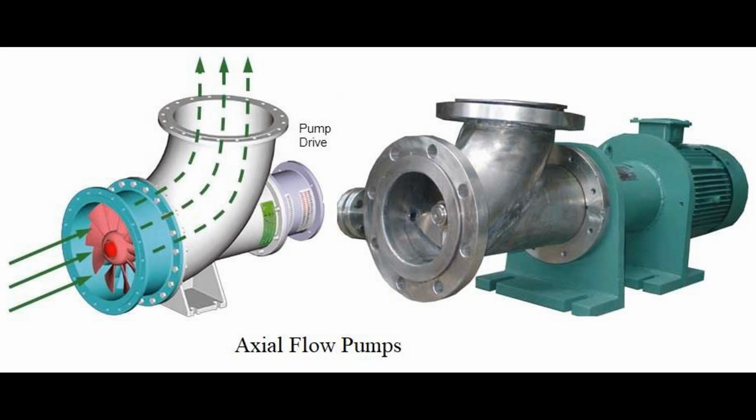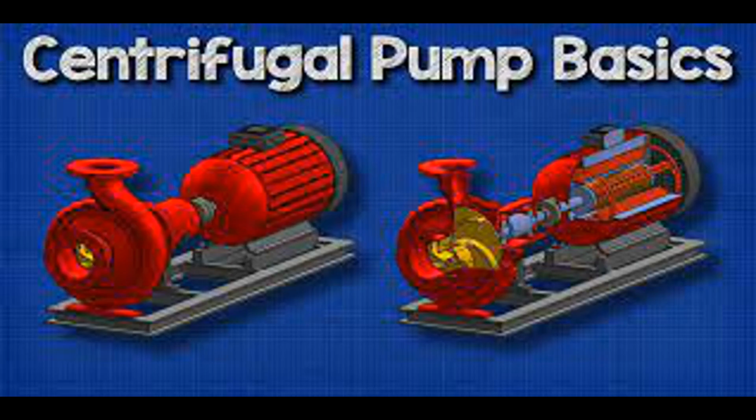impeller. Common uses. Radial flow centrifugal pumps are employed in various industries for applications such as water supply, irrigation, boiler feedwater systems, and other situations where moderate to high pressure pumping is required. Efficiency considerations. The efficiency of radial flow centrifugal pumps is influenced by factors such as impeller design, rotational speed, and the characteristics of the pumped fluid.